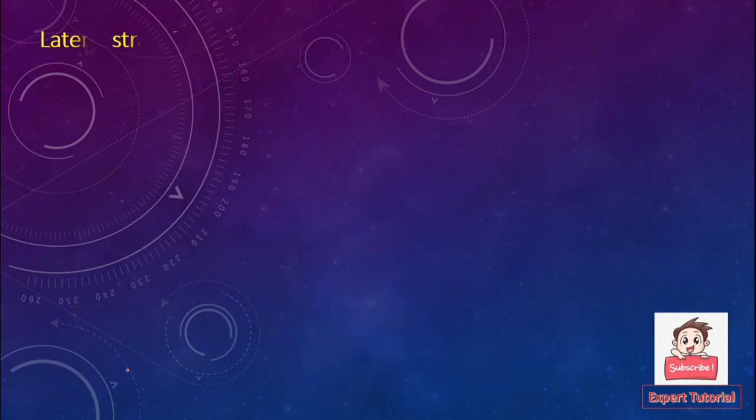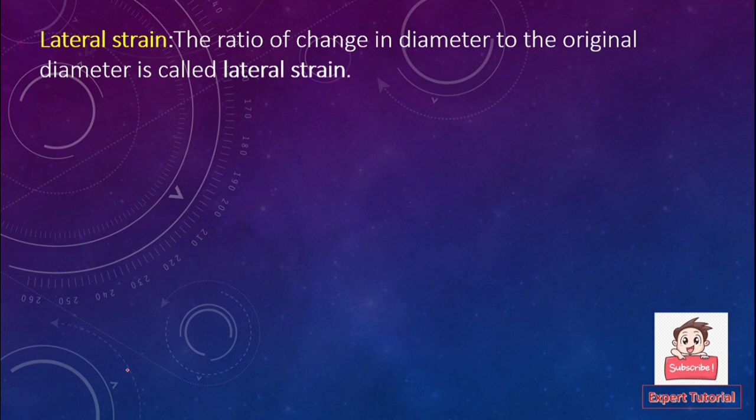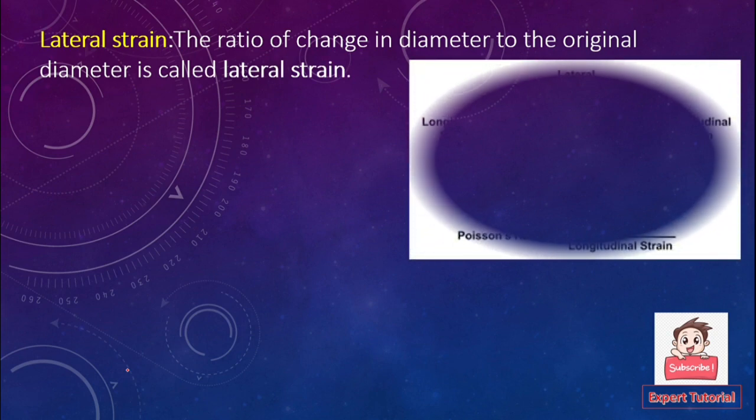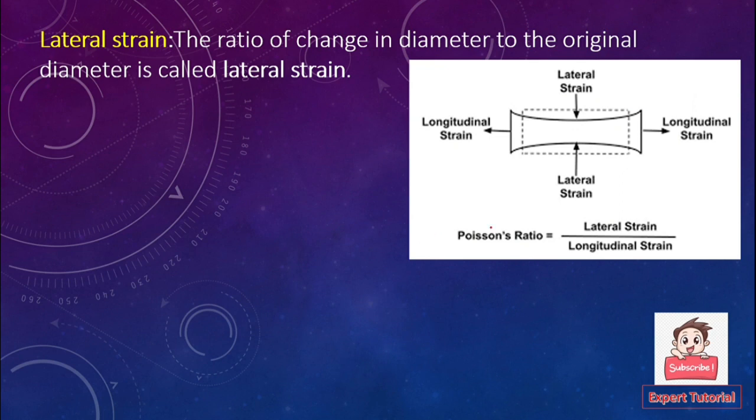Okay. And now coming to the lateral strain. So lateral strain is that when a wire is stretched along its length, see this picture, I am stretching this along its length, so it elongates. Okay, it is elongated. You can see the picture.